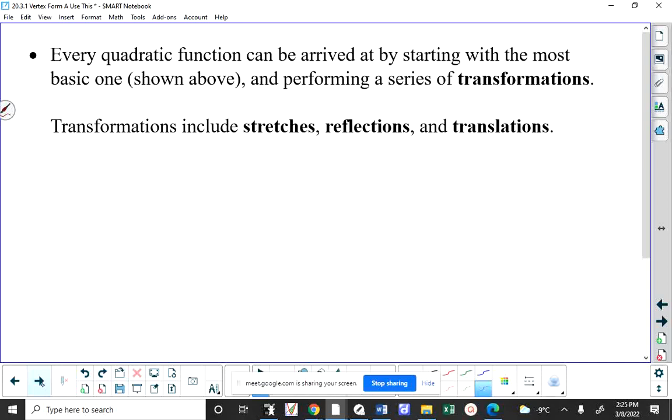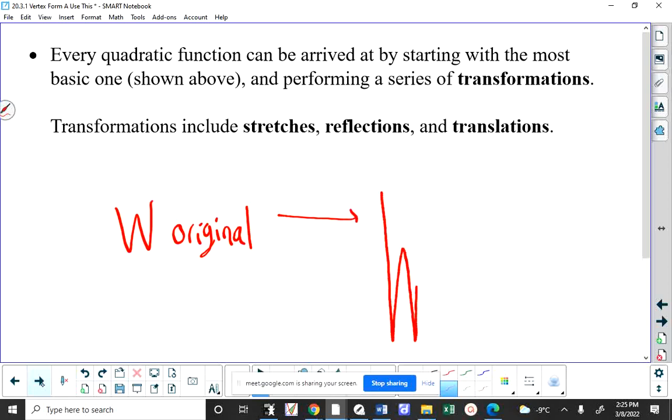If I take the letter W, this is the original, I can turn it into the following, and that's a stretch. That's the new. This is the stretched one.